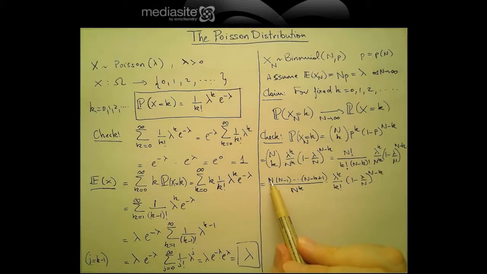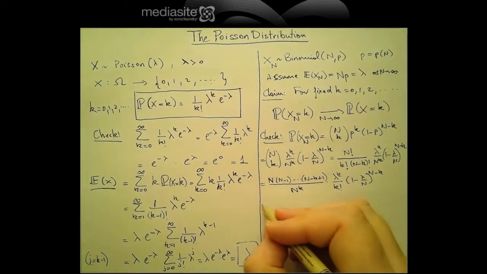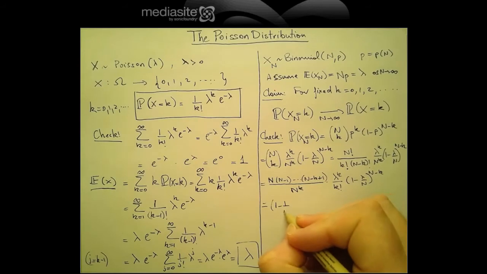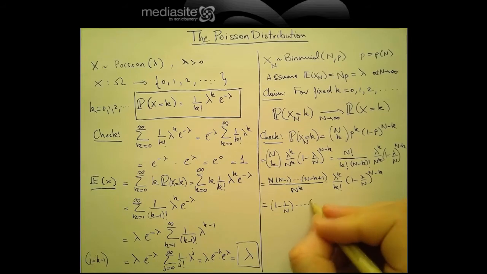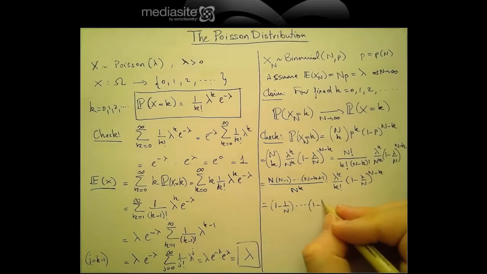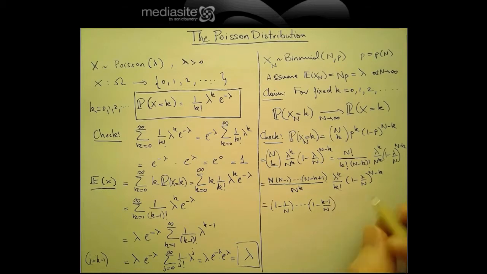Now, there are k terms in the numerator and k terms in the denominator, so I'm going to pair them up: n over n, n minus 1 over n, up to n minus k plus 1 over n. So this will become 1 minus 1 over n, all the way to 1 minus k minus 1 over n. And now let me split up the other factor as 1 minus lambda over n to the n, and 1 minus lambda over n to the minus k.